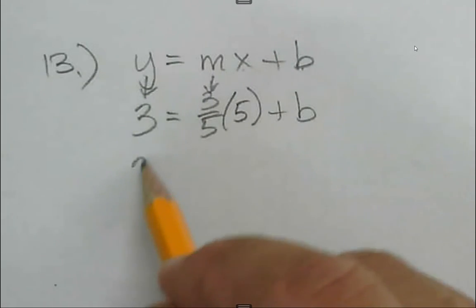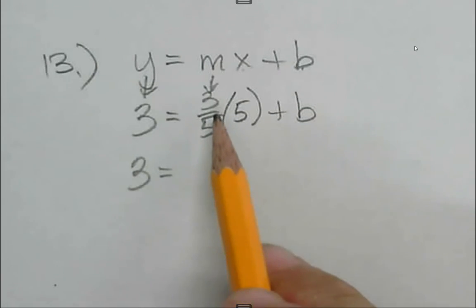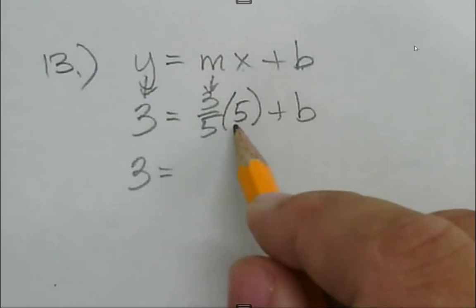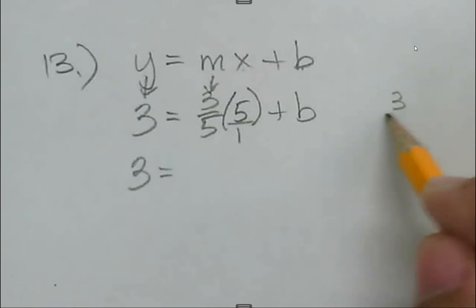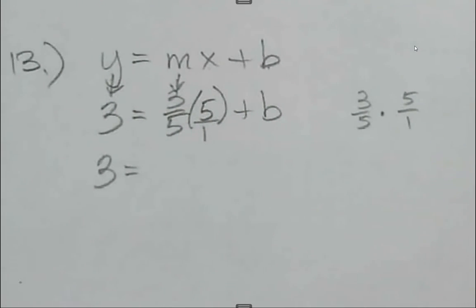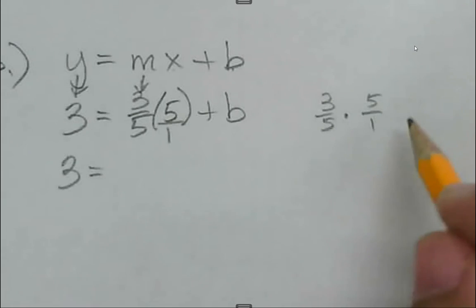So let's think about this. I've got 3 equals. Now here may be tricky for some of you, but I've really got 3/5 times 5. I can make that a fraction. And I'm going to do this work over here. Really, I've got 3/5 times 5/1. Now, depending on how you're used to working out fractions, when you multiply fractions, you just go straight across.